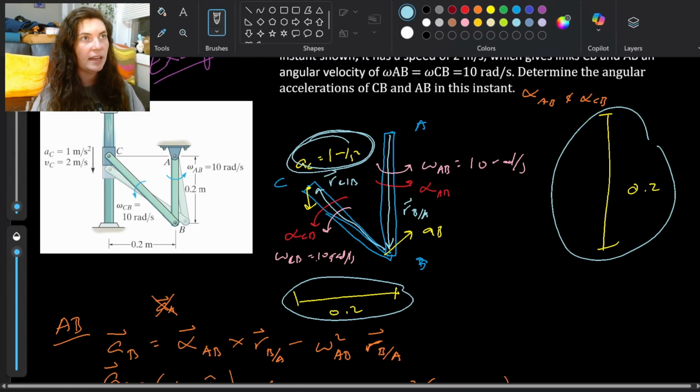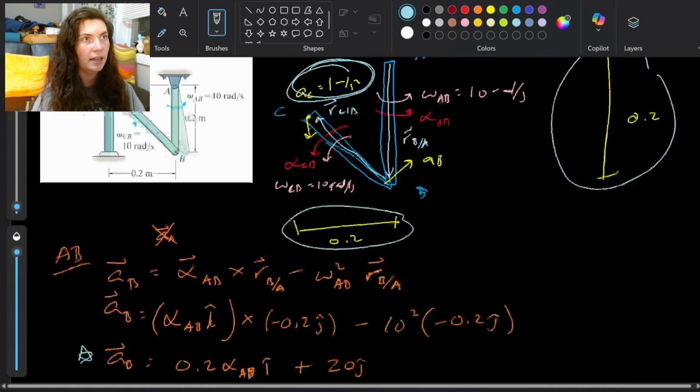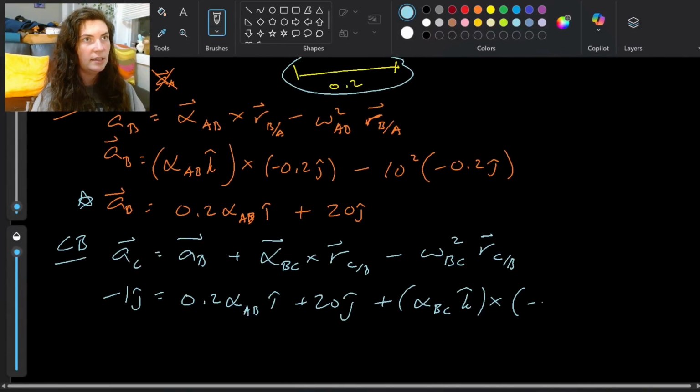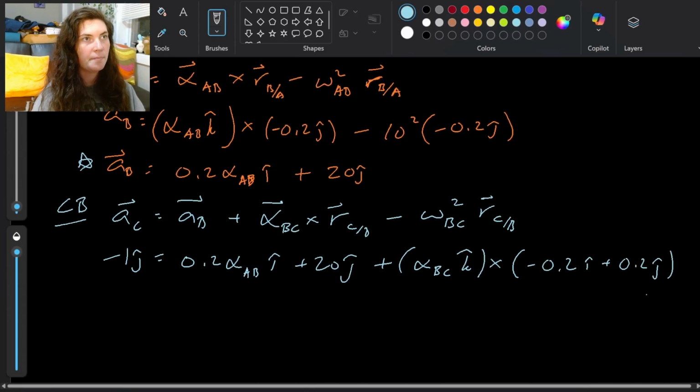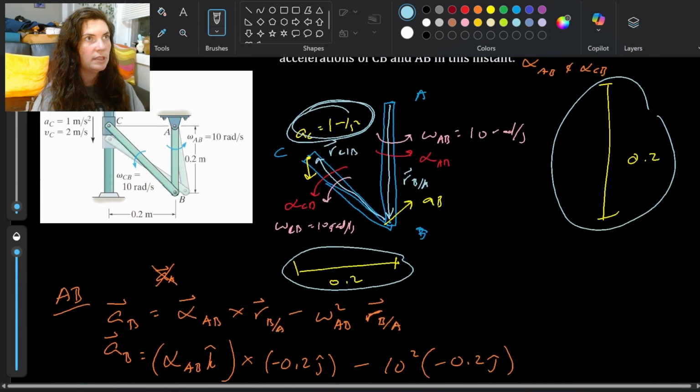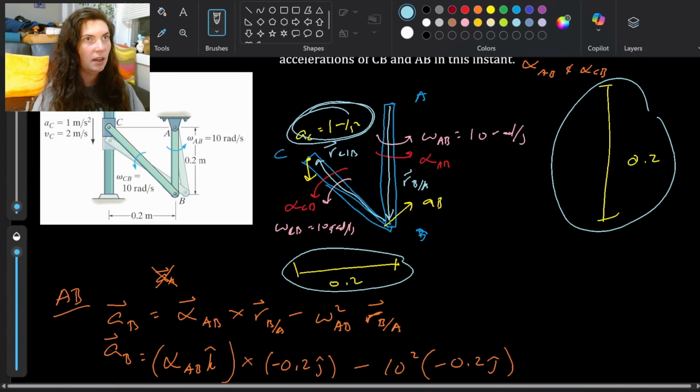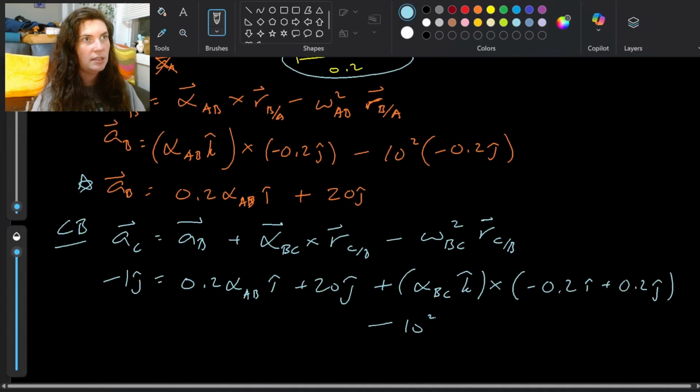It's a negative X direction and a positive Y direction. So that's negative 0.2 I hat plus 0.2 J hat. And then minus omega BC, which was given as 10, again. 10 squared times negative 0.2 I hat plus 0.2 J hat.